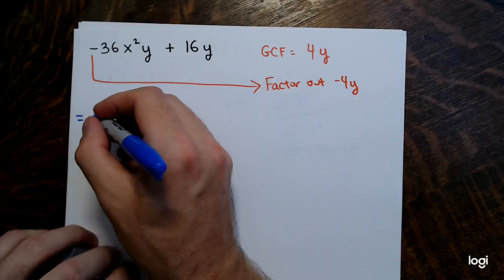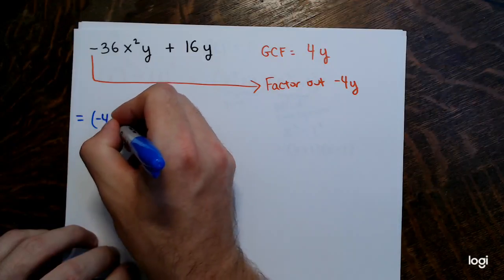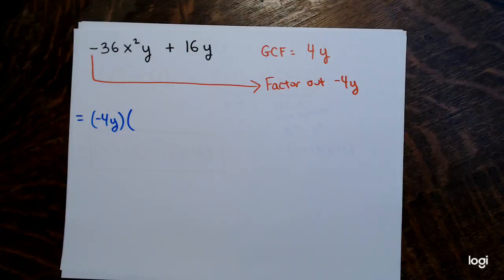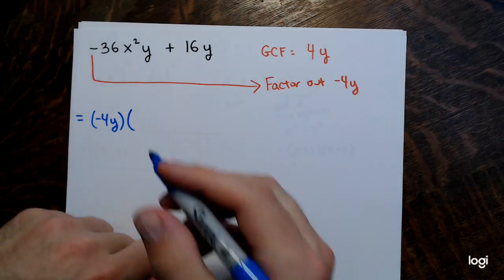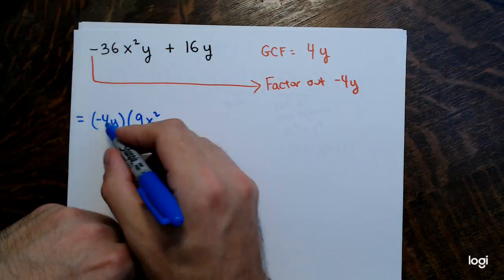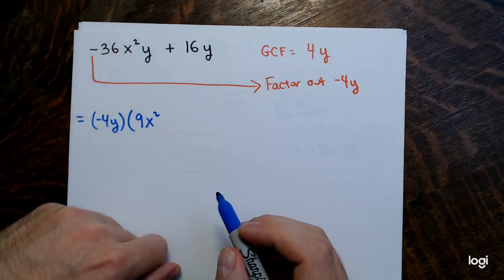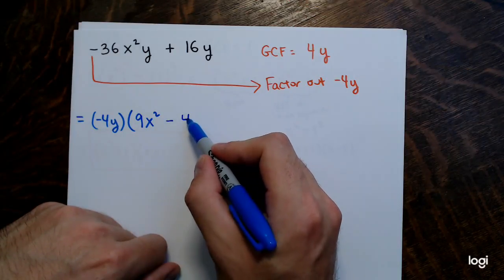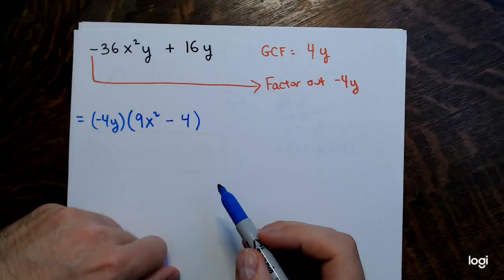If I remove negative 4y, what's left over? Well, negative 4y times positive 9x squared would make my negative 36x squared y. And then negative 4y times negative 4 would be positive 16y.